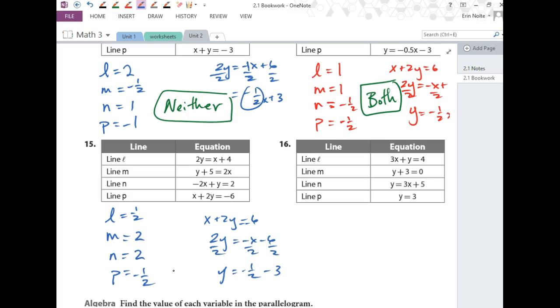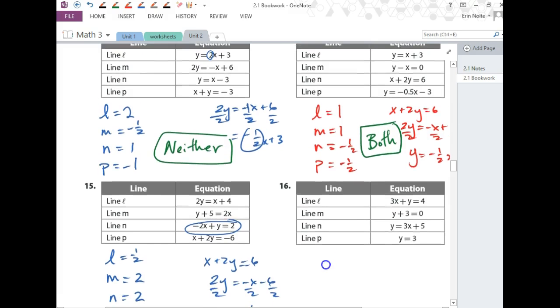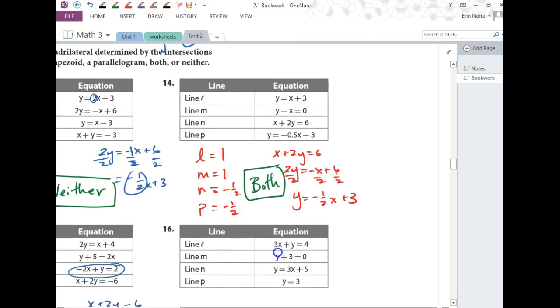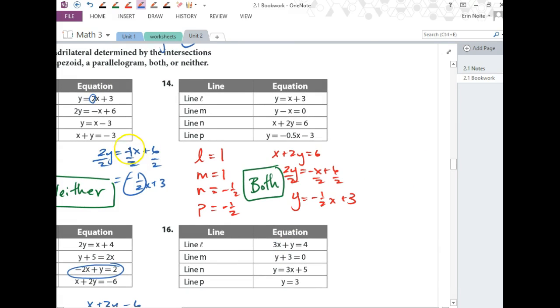N is 2, because if you took this, you have to add the 2x to the other side, so it'd be y equals 2x plus 2. And the value in front of the x is just 2. And how did you, the other one on 14, how is that half? Which one, N or P? N. Okay, so what we did with this one was, we took N, so x plus 2y equals 6.